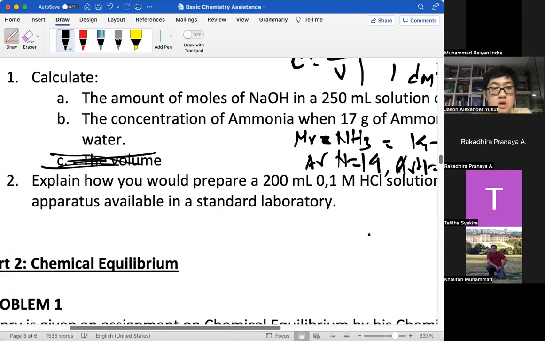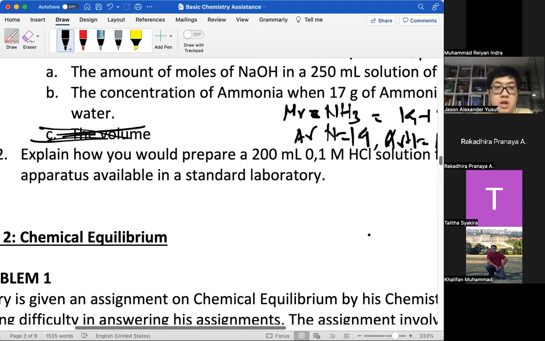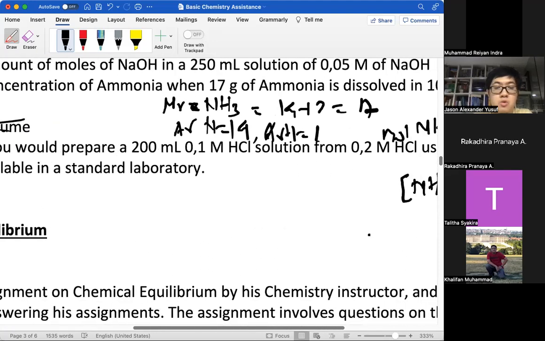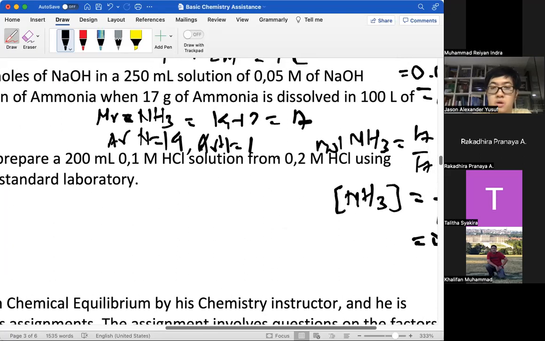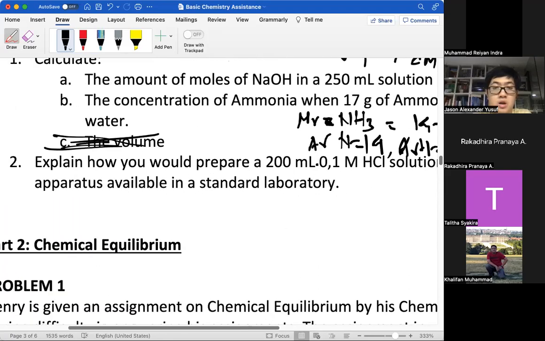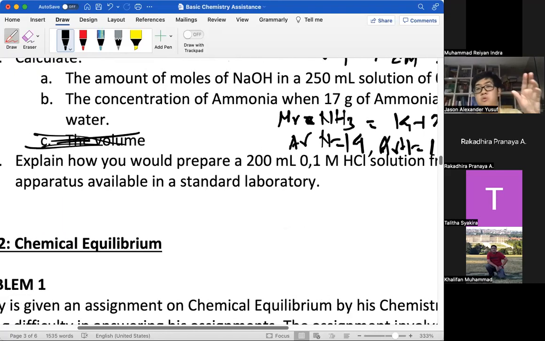Okay, now we get to the second problem, which is a dilution problem in which we need to prepare 200 milliliters of 0.1 molar HCl solution from a more concentrated solution, which is 0.2 molars HCl. And since it's dilution, when we dilute something it means we add water to it.